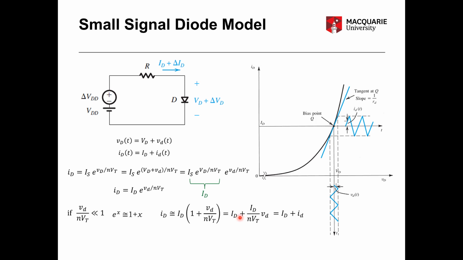And we also know from our equations up the top here that our instantaneous current is equal to large I large d plus small I small d. So knowing that these two equations are equal gives us the fact that small I small d is going to be equal to this expression here.